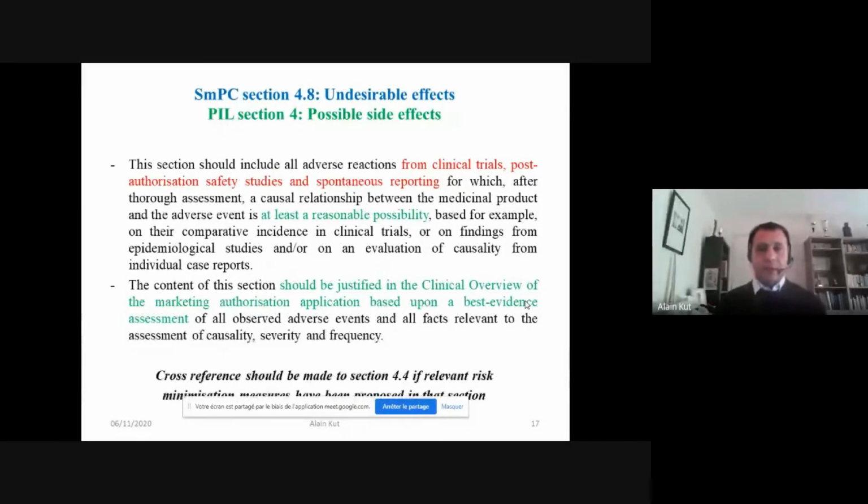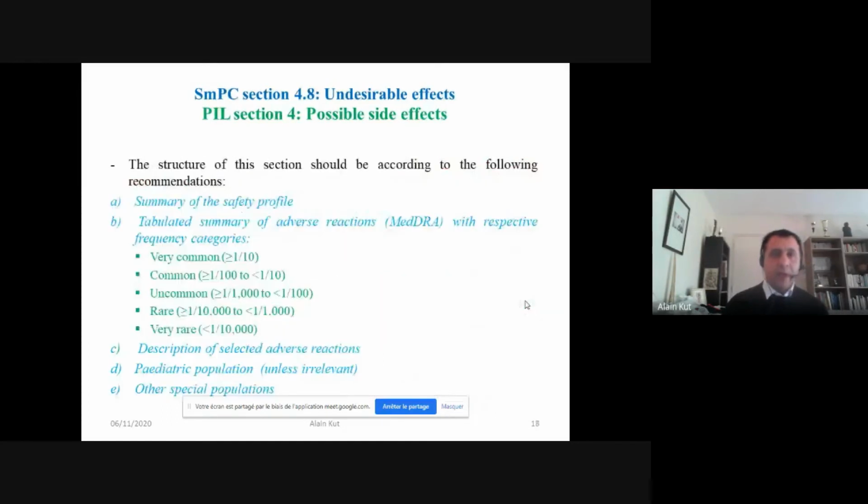Once again, we need to cross-reference information in this section with other sections, mainly 4.4. How is this section built? We have 3 or 4 main points.